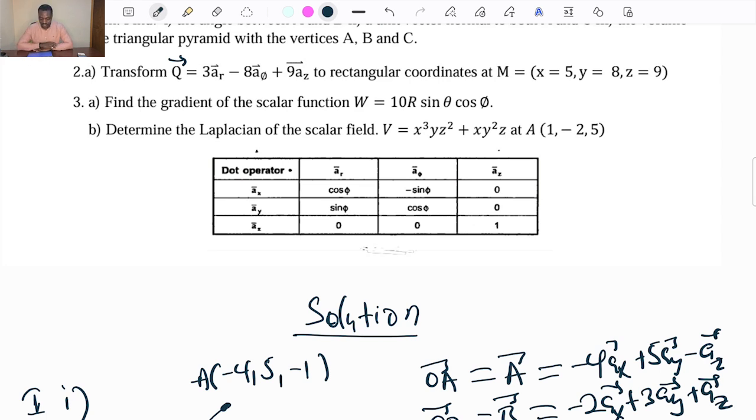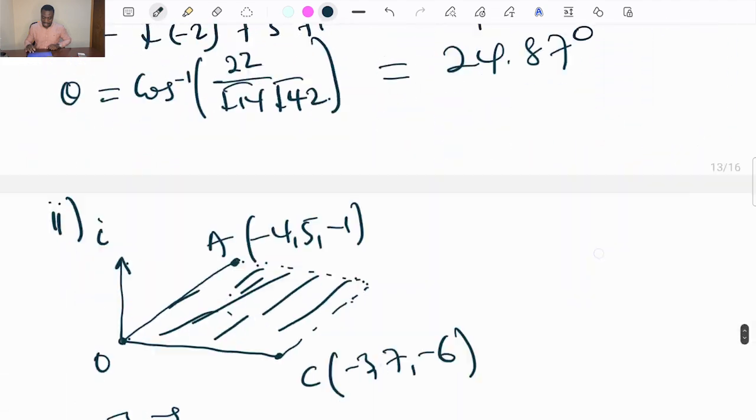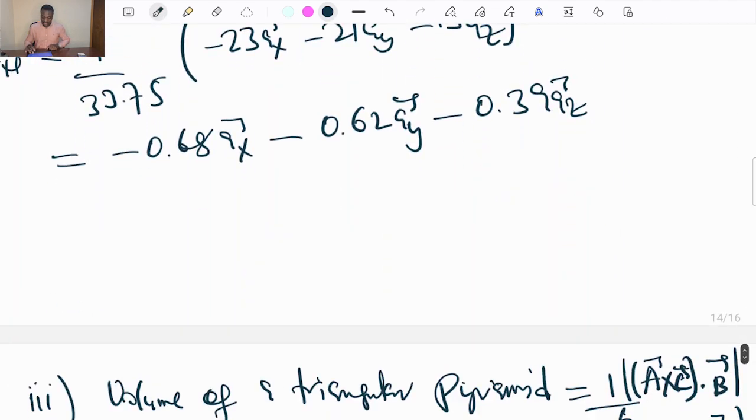Spherical coordinate system. So that means our function is expressed using the variables of the spherical coordinate system. That means the del operator that we are going to be using also has to be expressed in the spherical coordinate system.